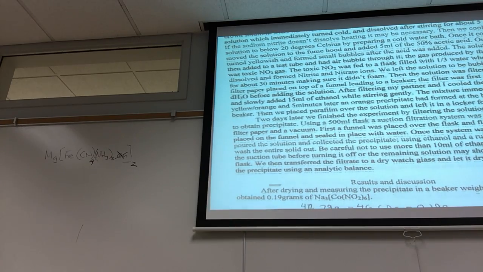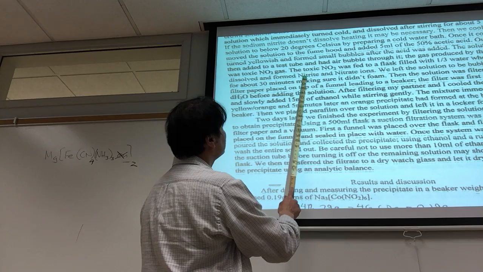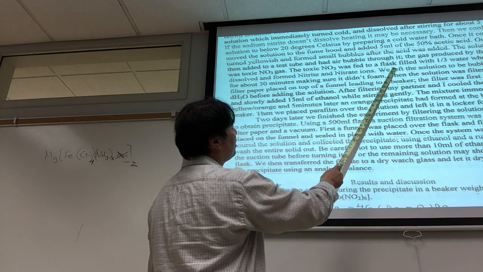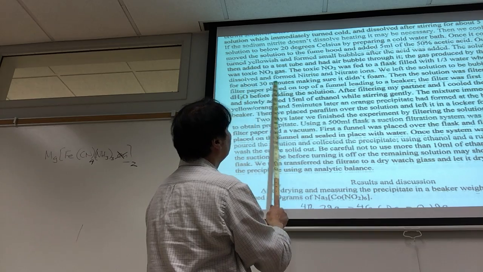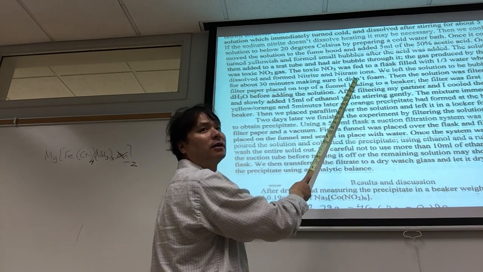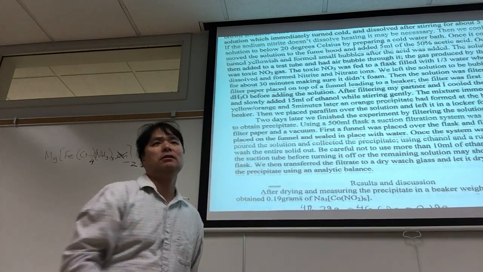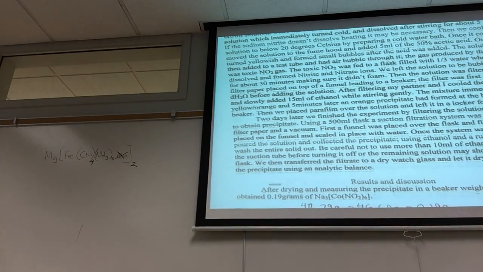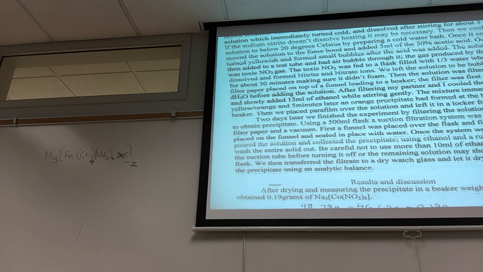This author said: the gas produced by the mixture was toxic NO2 gas. The toxic NO2 was fed to a flask filled 1/3 with water, where the NO2 dissolved and formed nitrite and nitrate ions. This is more the level of detail you want here. At least, how did you trap it? What did you use to trap it? It wasn't clear. So how can you repeat it, right?